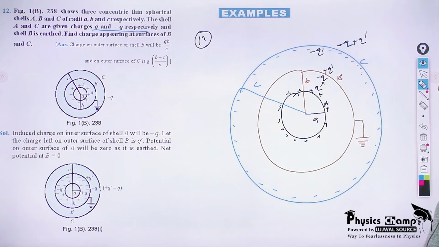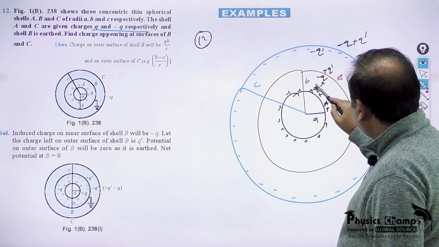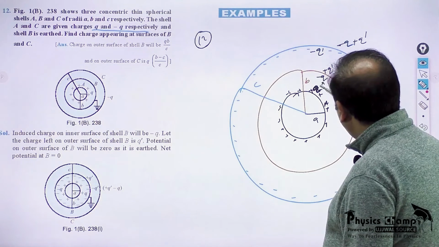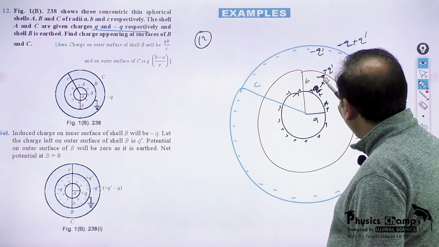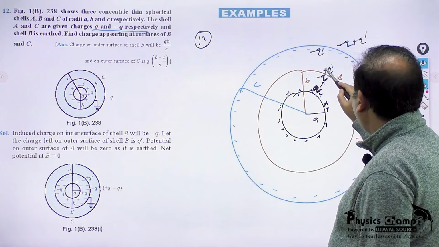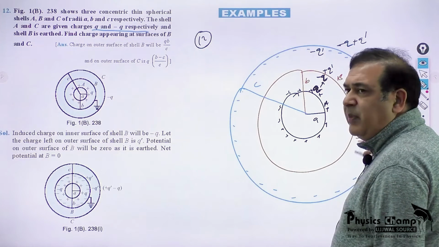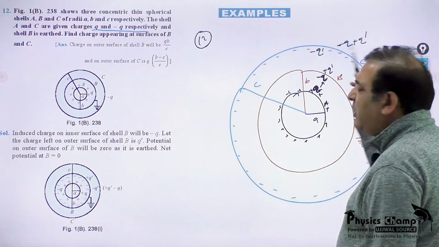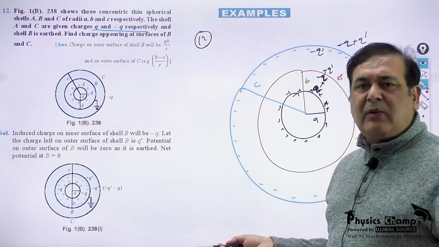I hope you will understand the whole concept. The inner shell had a charge plus Q. Due to induction, inner of B will have a charge minus Q and outer of B might have got a charge plus Q, but due to leaking, it may have a charge left, say Q dash, it may have zero value also.